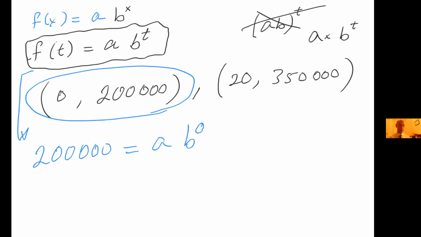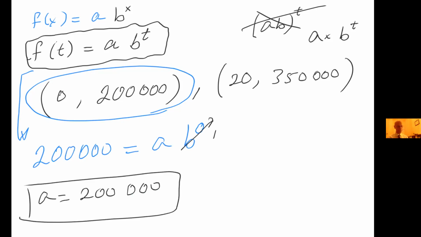And that makes it very easy because now b to the power of 0 is 1. So a equals 200,000. So far we found a. And now all I have to find is b using the second coordinate point.